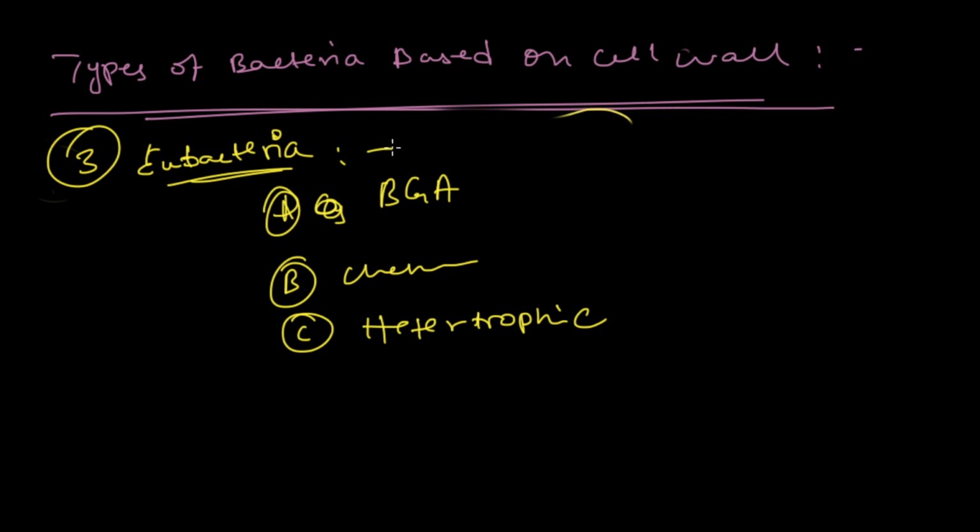So what is the cell wall? The cell wall is composed of peptidoglycan, the true cell wall present in the bacterial kingdom. So based on that only, Whittaker classified bacteria.